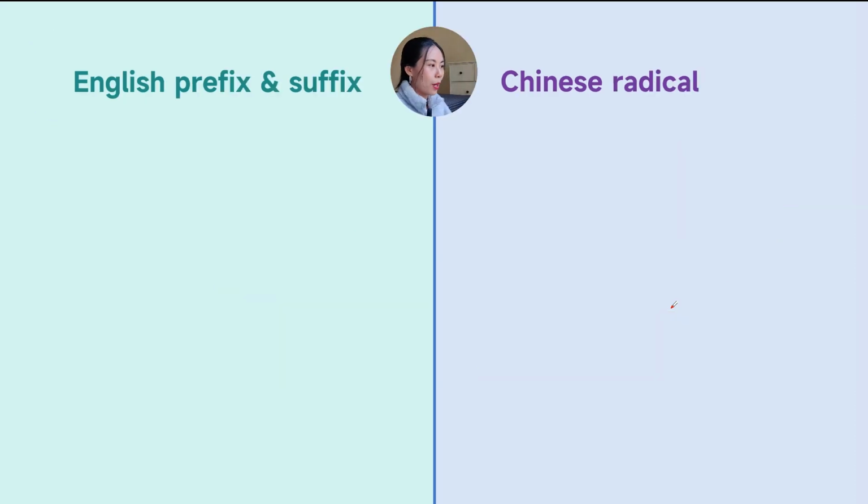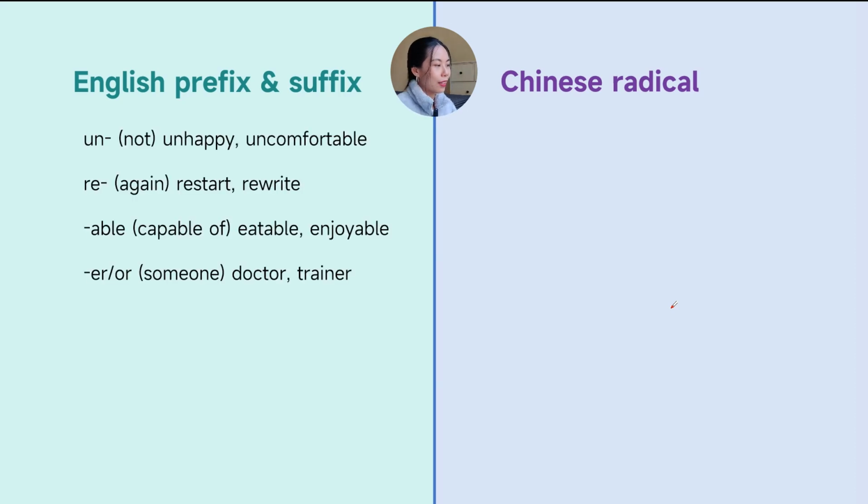And move on to the next part. In English, there are prefixes and suffixes. For example, in English, the "un" could mean not something. Like unhappy is not happy, uncomfortable is not comfortable, right? And there is "re", which means again, like restart and rewrite.